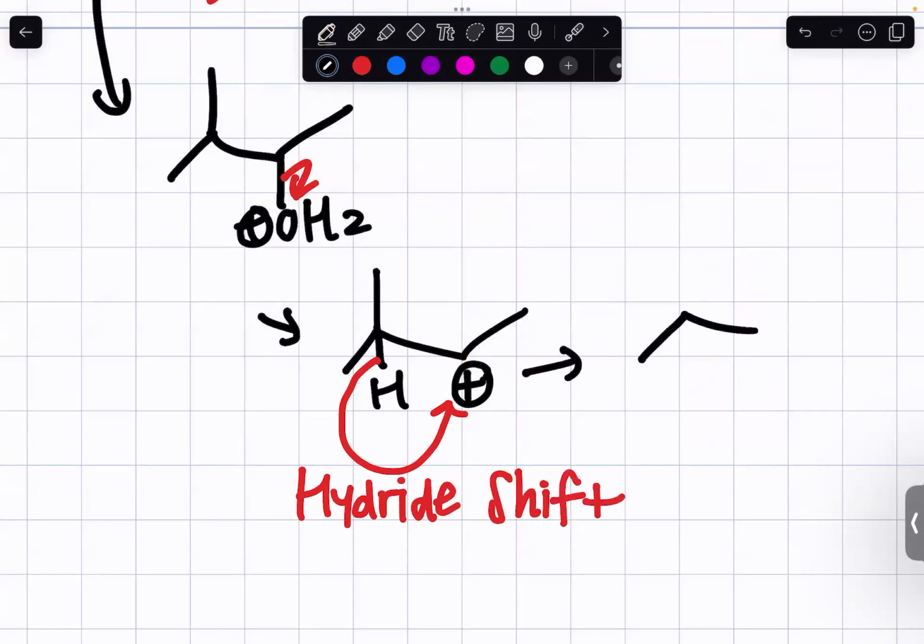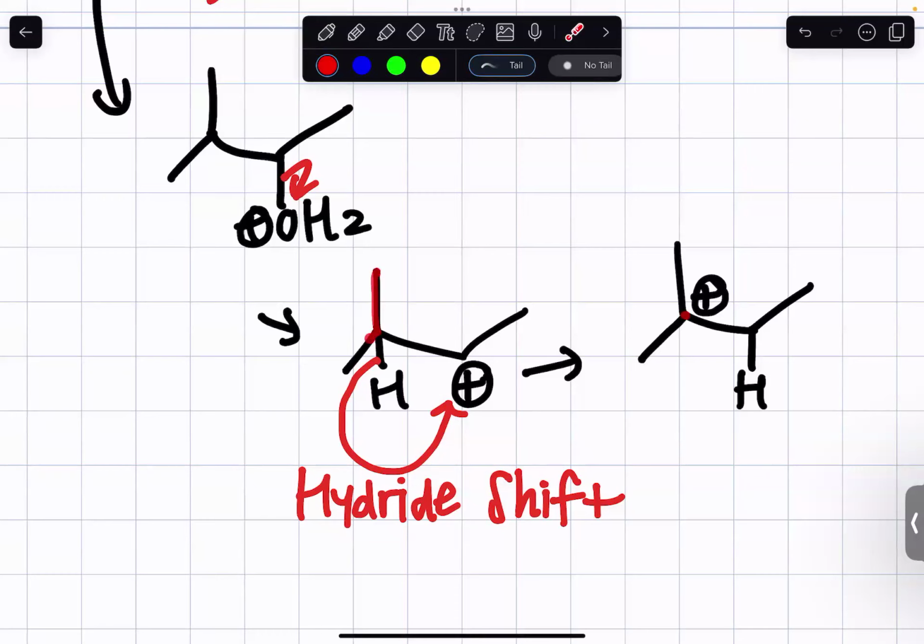And when we do that, this carbon here gained the hydrogen. This carbon right here lost the bond, which is why it's going to be a positive charge right there now, right? Because this carbon here used to have four bonds, one, two, three, four, but now it only has three bonds, one, two, three. Since it lost the bond, it has a positive charge, right?